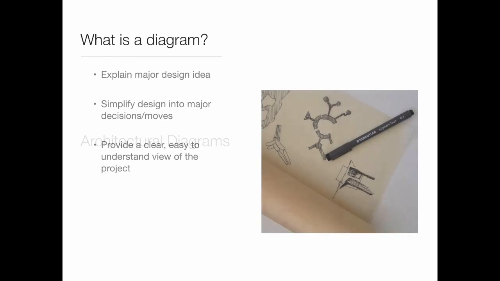Okay, so let's move on into the world of architectural diagrams and start talking about them. So the first thing is, what is a diagram in the first place? The point of a diagram is that this is a way of explaining a major design idea or a major design theory or something that represents what your building, in this case, is really about.